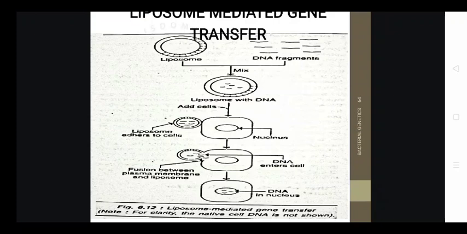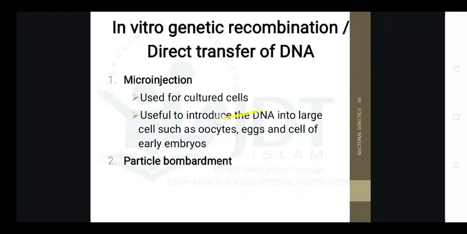But in gene transfer or recombination, genetic material is transferred from one cell to another through mechanisms like conjugation, transformation, transduction, protoplast fusion, lipofection, or in vitro methods. So these are all about genetic variation.